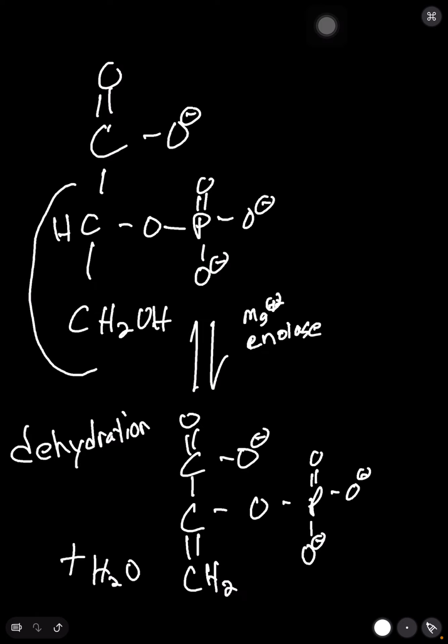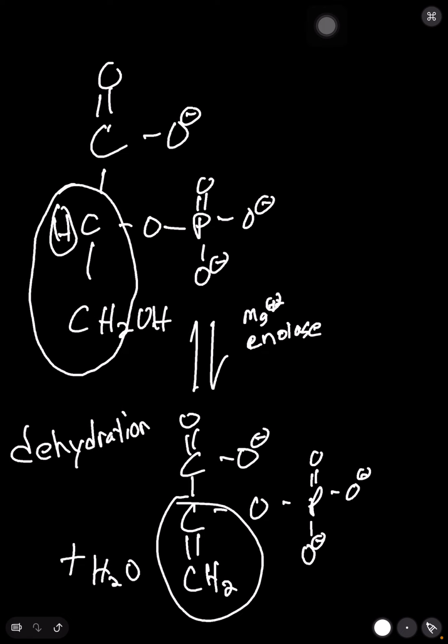This is where it's going to happen in this example. We have the H there that we lose, the OH there that we lose. That's water, and we form a double bond between these 2 carbons. So dehydration in step 9 is going to produce phosphoenol pyruvate.